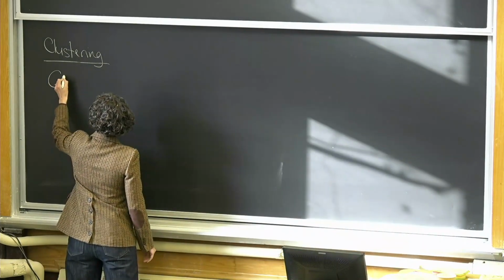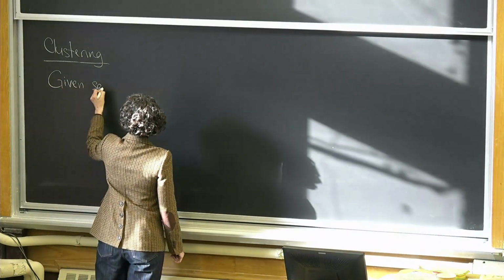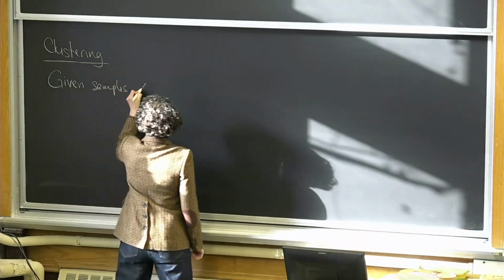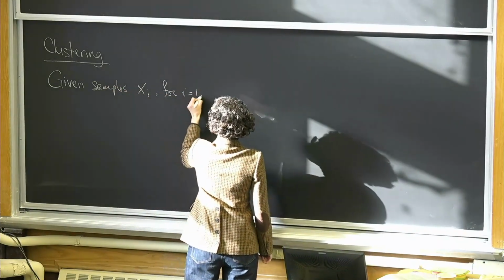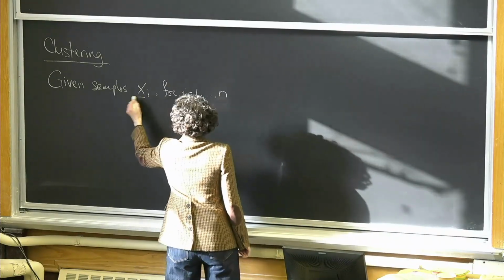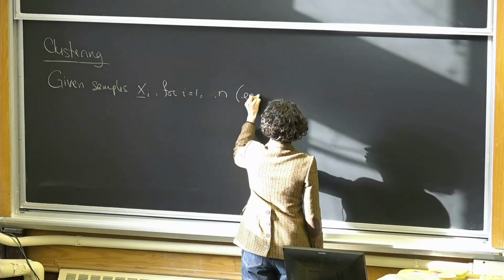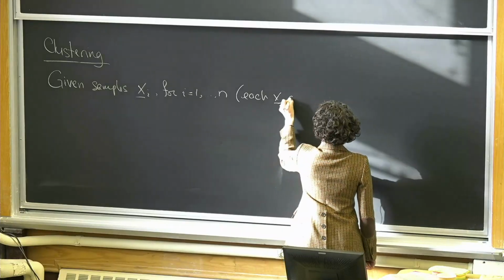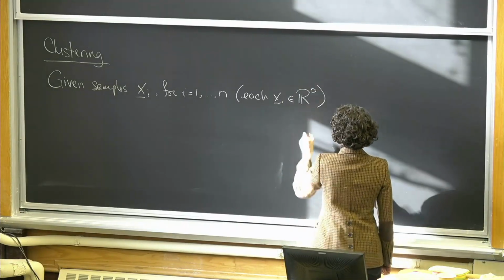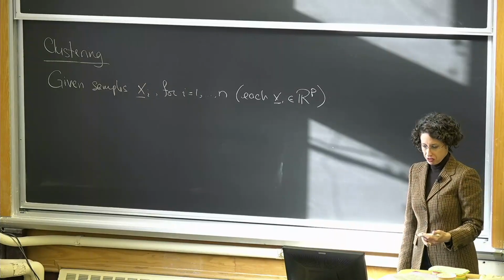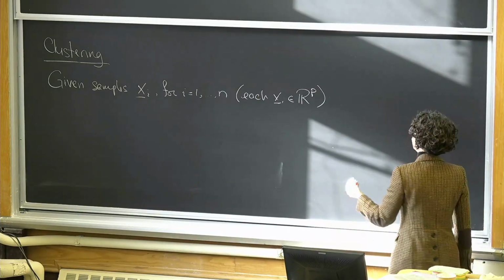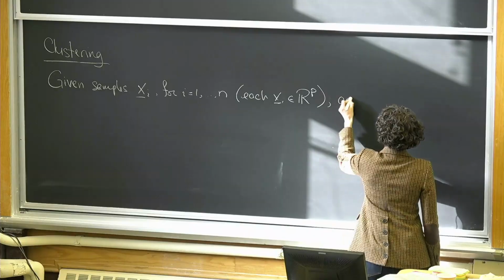We're going to be given samples xi for i equals 1 to n, where each xi is a p-dimensional vector, like we've been doing all quarter. And what we want to do is assign each one of them to a cluster.